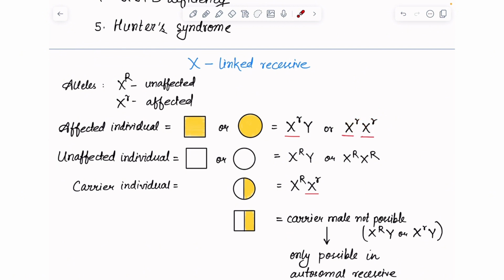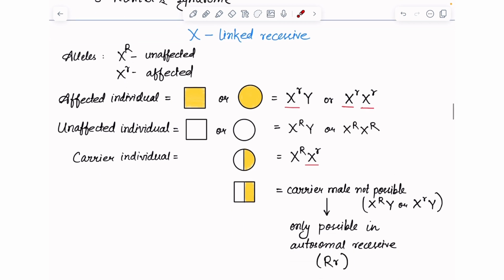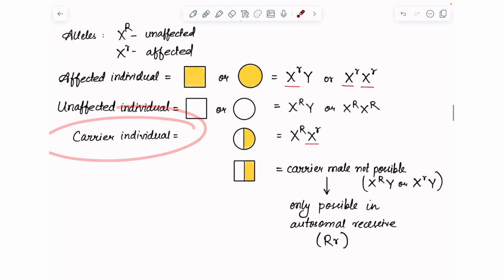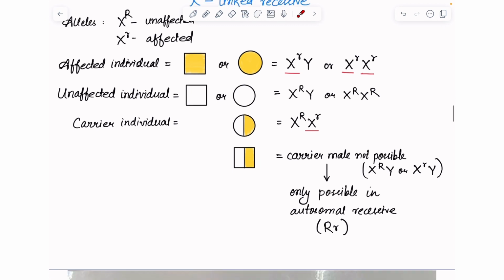In an unaffected individual, you have X^R Y for male and X^R X^R for female. In a carrier individual, you have X^R and X^r. So there's one recessive allele and one dominant allele. Due to the presence of the recessive allele, this female is a carrier.